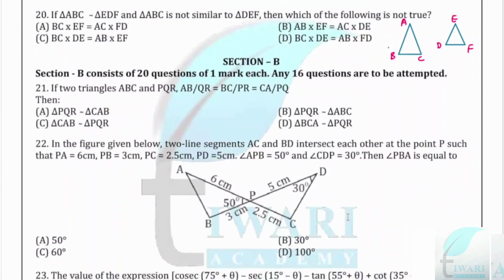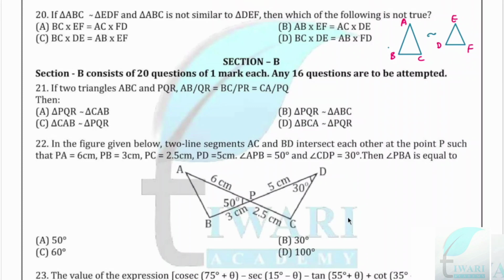Now coming on to question number 20. It is given that triangle ABC is similar to triangle EDF, and triangle ABC is not similar to triangle DEF. Which of the following is not true? It is given that triangle ABC is similar to triangle EDF.